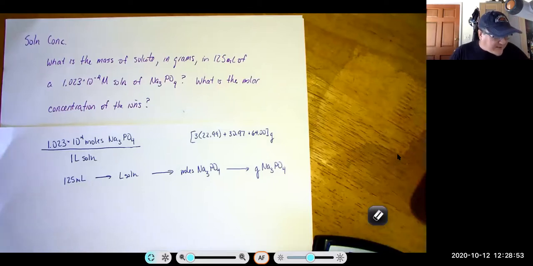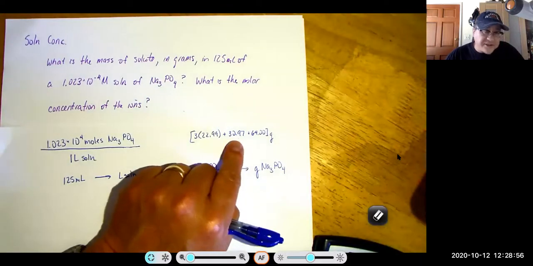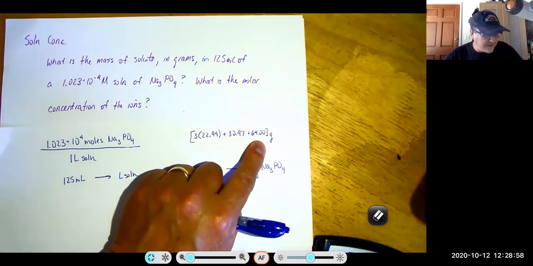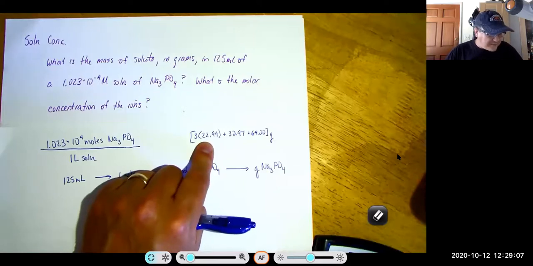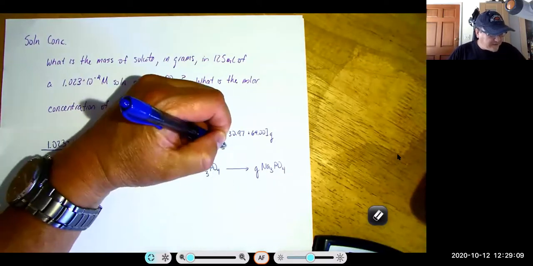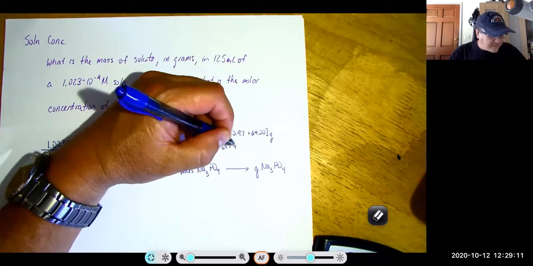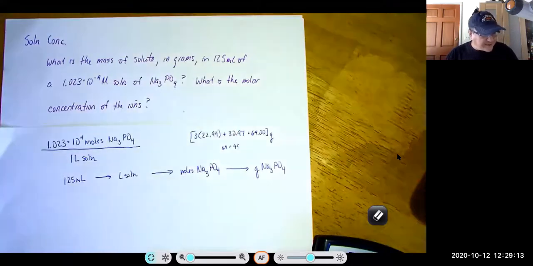And if I estimate the answer, 31 plus 64 is 95. 3 times 23 is going to be, what is that, 69? So 69 plus 95 is going to be 174.